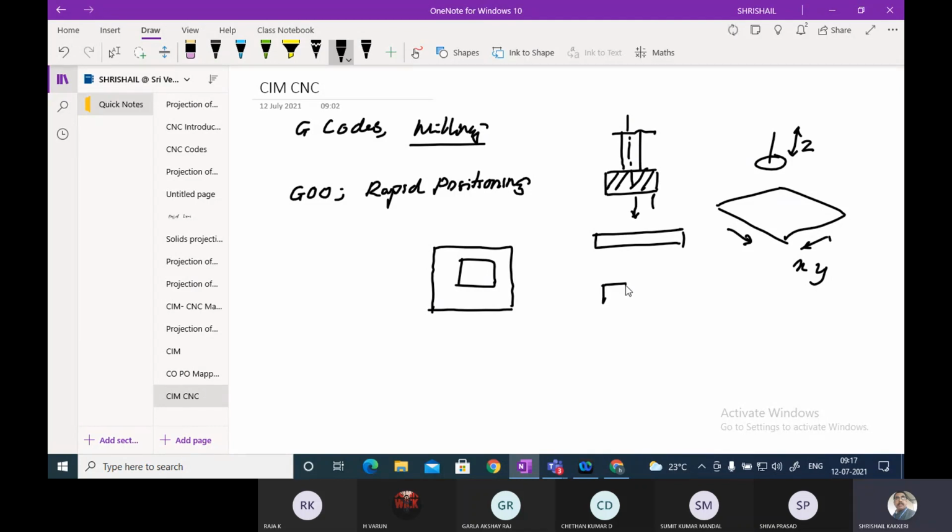I had shown something in one class. You are going to show the dimension like this, and I am giving the hint, and you are going to do the dimensioning like this. X, Y, Z, and here it is X, Y, Z. What difference is there between these two?